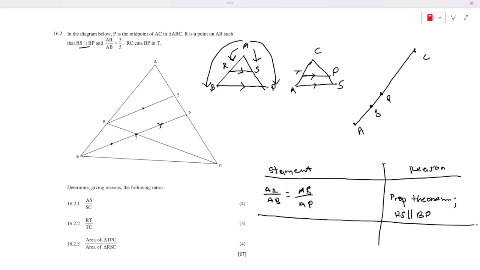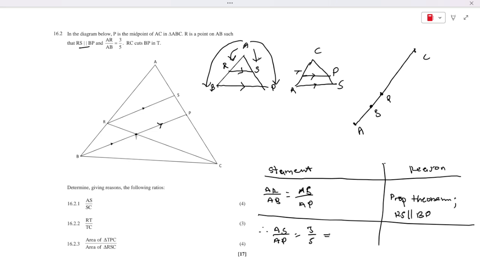Then I move on to the next part. I can therefore say, therefore AS over AP is equal to, since it's AR over AB, AR over AB is 3 over 5, so this is 3 over 5.